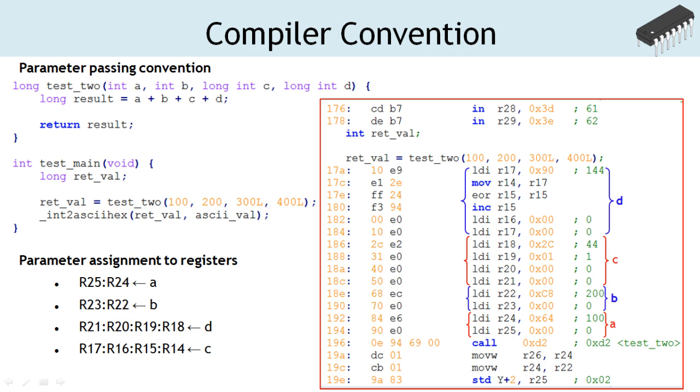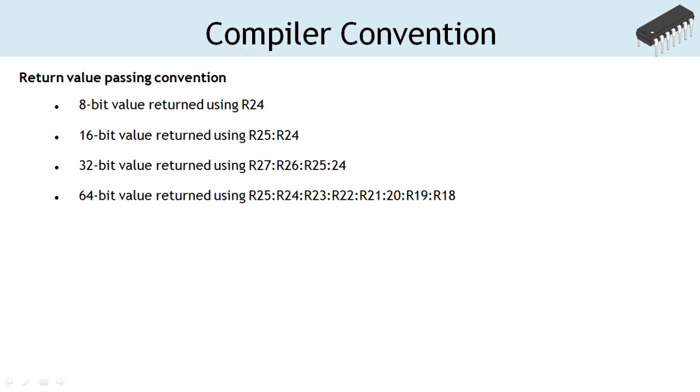Note the order of register allocation to the parameters. The leftmost parameter, that is a, is passed first in the register pair R25 and R24, then b, and so on and so forth. This is evident from the values assigned to the registers. The register used to pass the return value from a C function depends on the data type being returned.